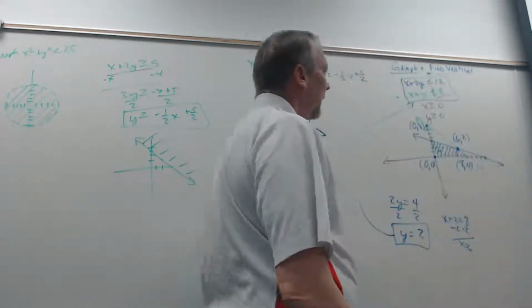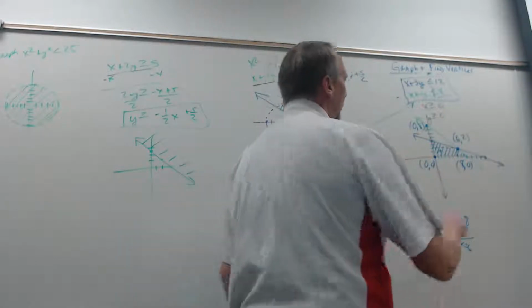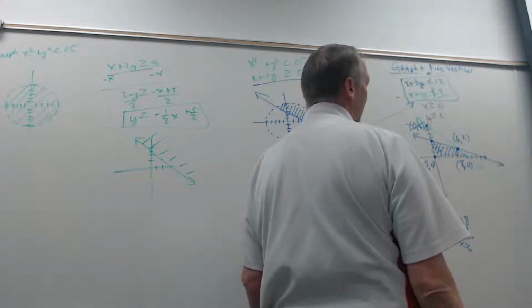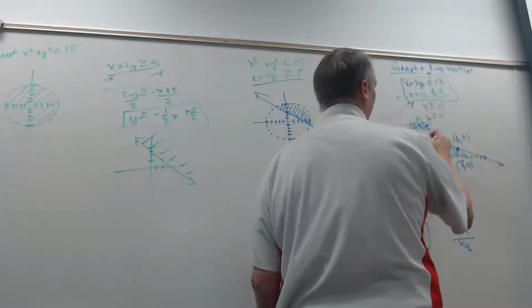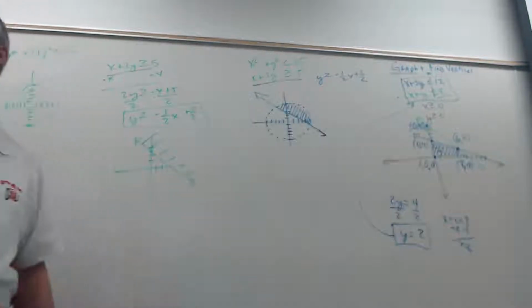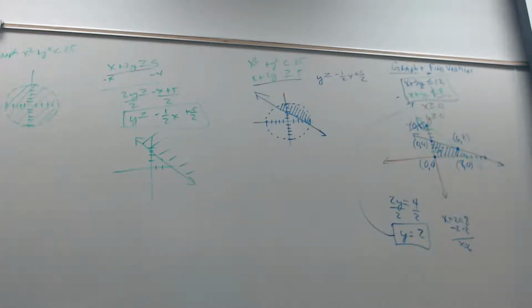Okay? Oh, actually, we don't care about that one, do we? We also care about this one. This one's where? 0, 4. Okay, those are the 4 points we need. 0, 8. So we don't need anything that isn't covered in the shading area. Correct.